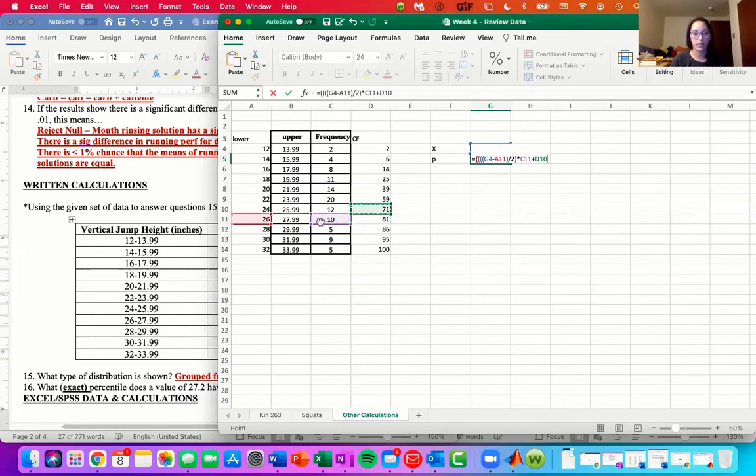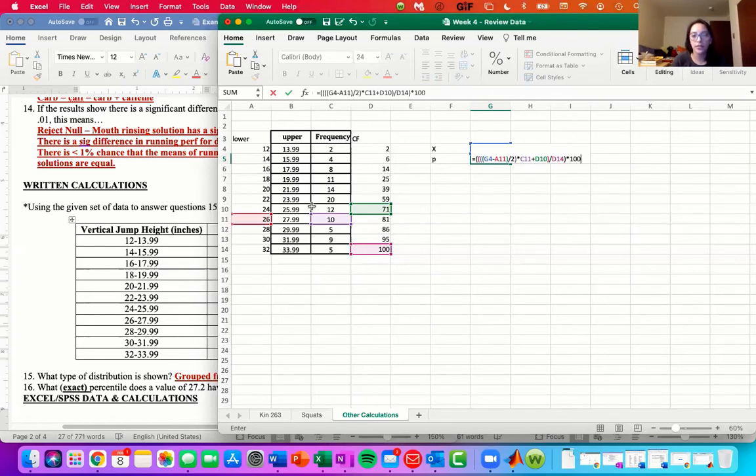Because worse than is going towards the top of the table. That completes our numerator. And then we would divide by our sample size, which is the highest cumulative frequency, so 100. And then we can multiply by 100 to give us our percentile, right?